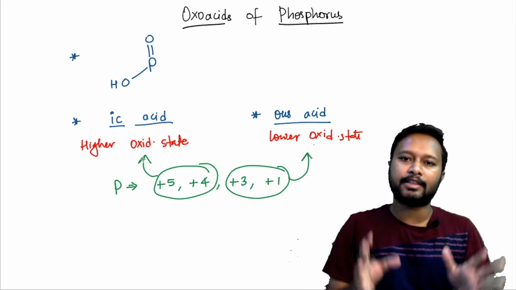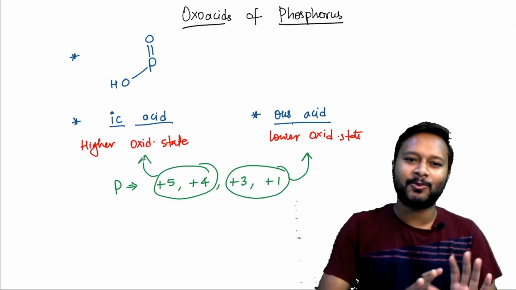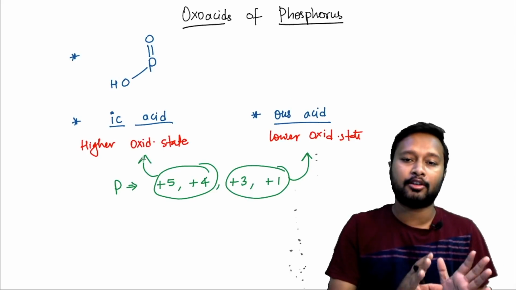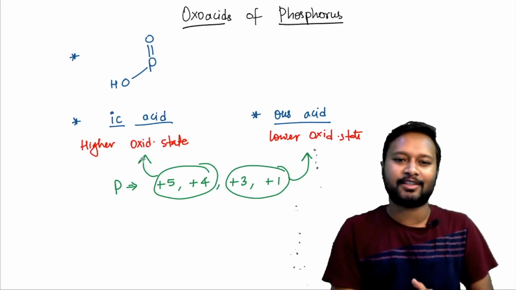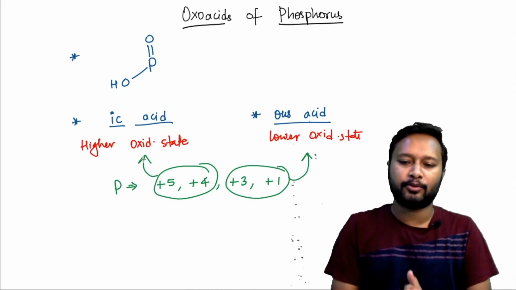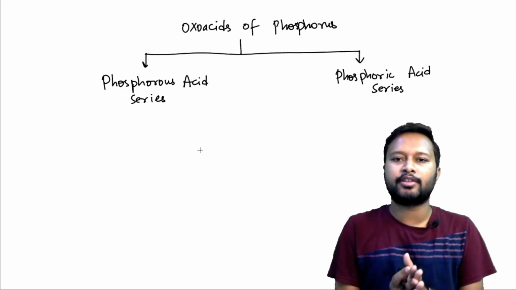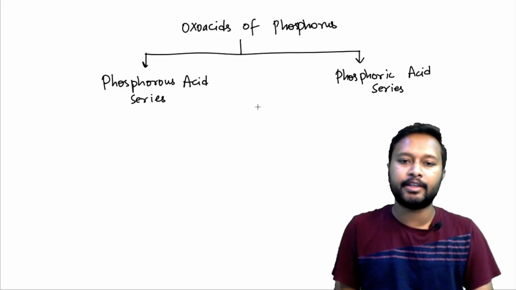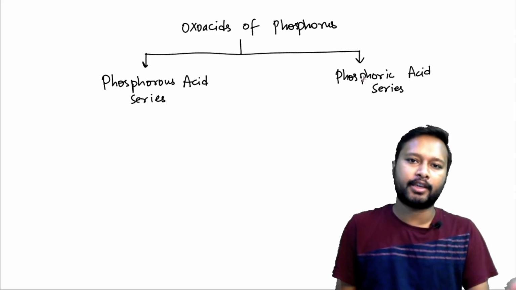Now if you understand this much, you are pretty much good to go, and you can find out all the structures of the oxoacids of phosphorus. Okay, so let's try to do it. In the oxoacids of phosphorus, you have two basic series. One is the phosphorous acid series and the other is the phosphoric acid series.